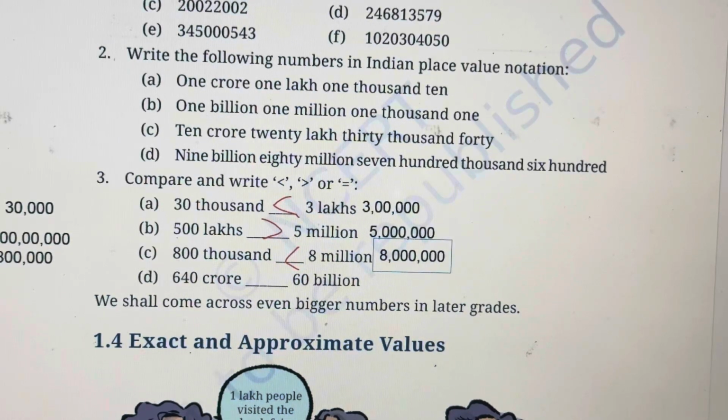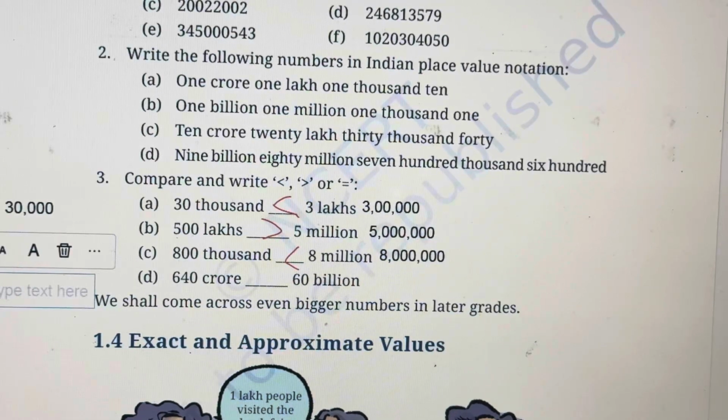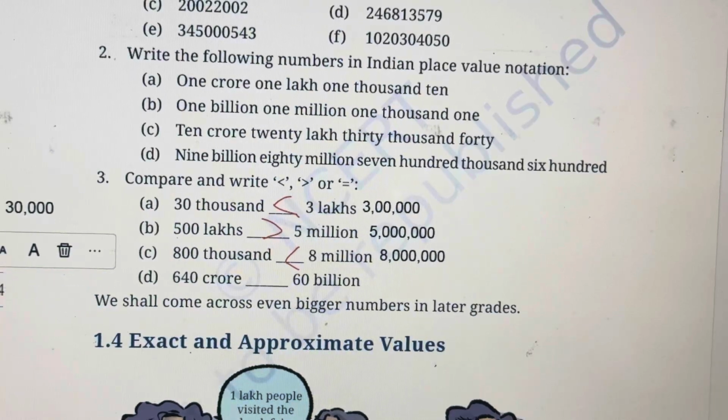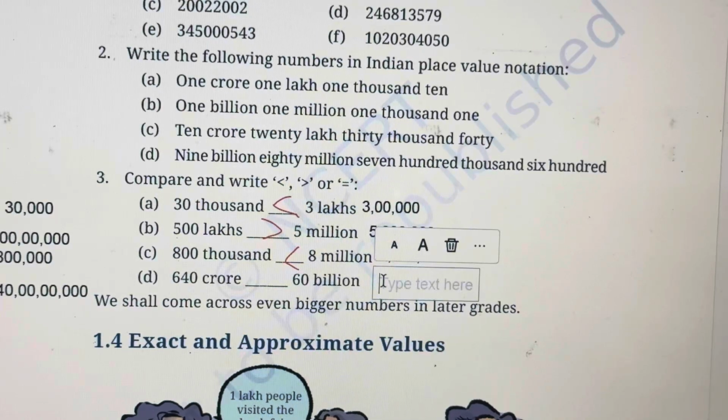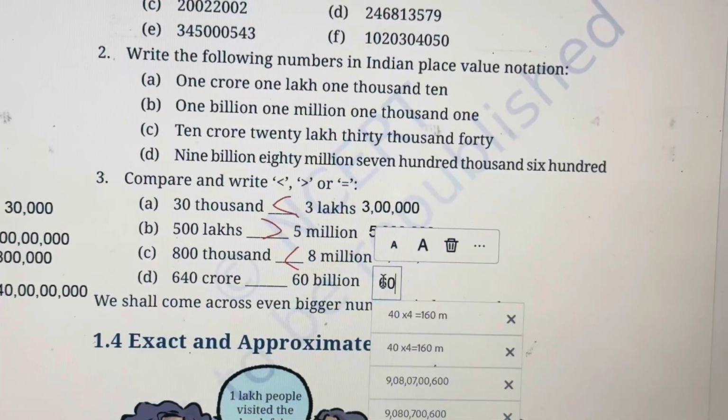Now question number D, 640 crore. So first you should write 640 and then for crores you will write 7 zeros. Right, so this is 640 you should write as it is and 7 zeros for the crores. Now 60 billion. So first write 60 as it is, right?